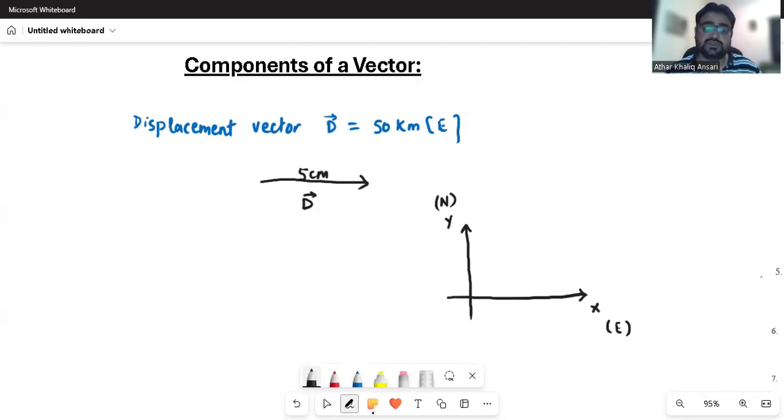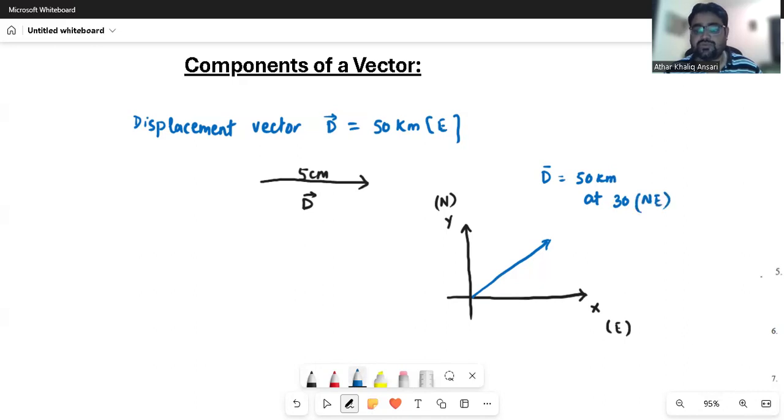For example, if there is a displacement vector, the same one, that is rather than going east, for example 50 kilometer at some angle, let's say 30-degree north of east.